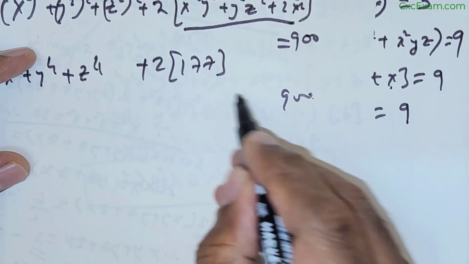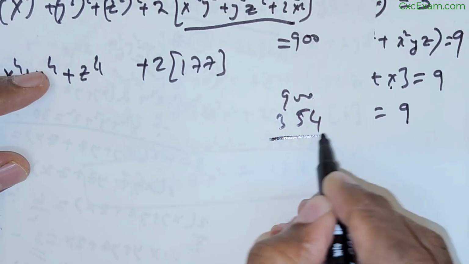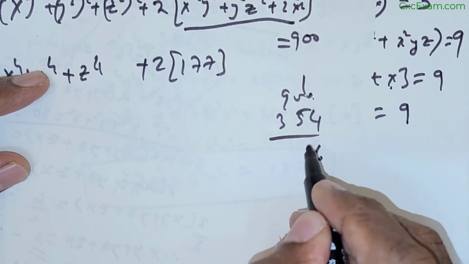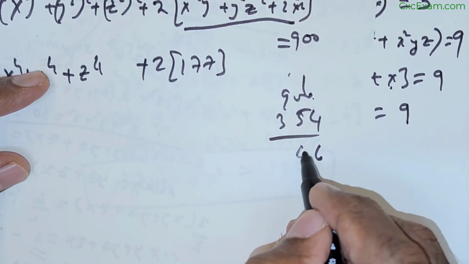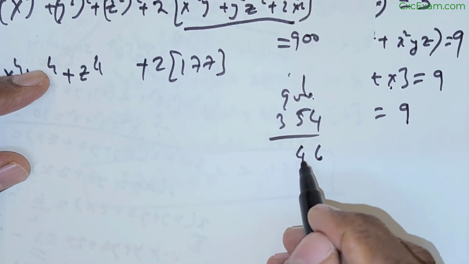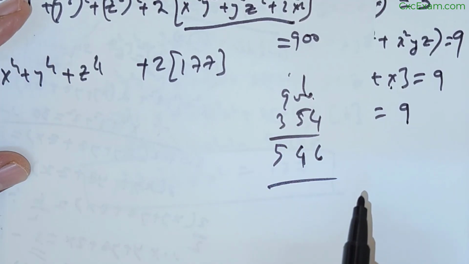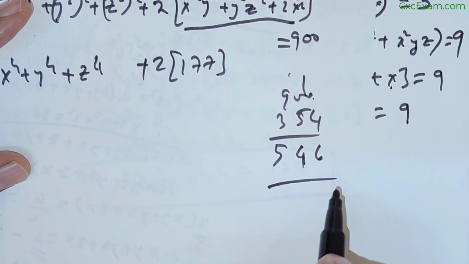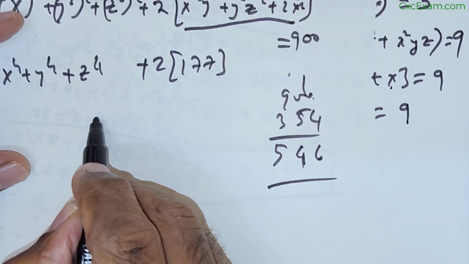So 900 minus 2 times 177, which is 354. You subtract this and you get 546.